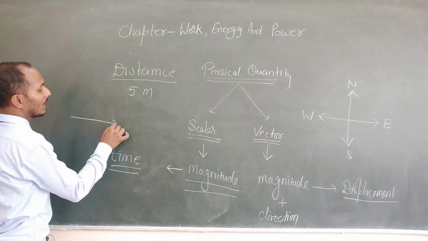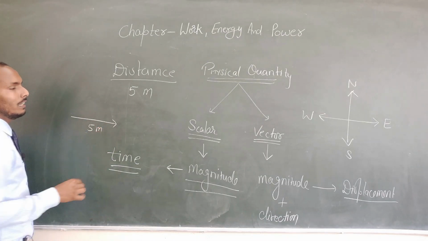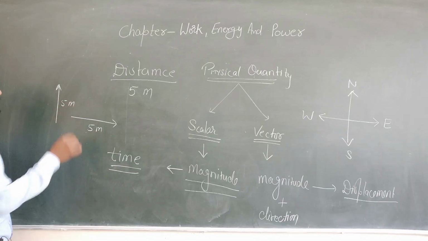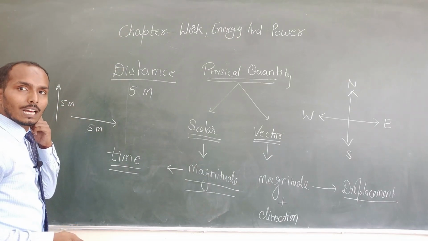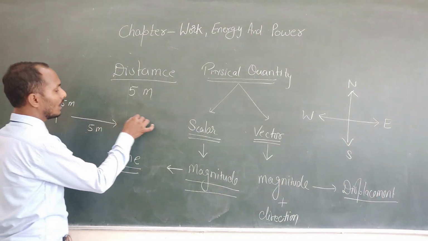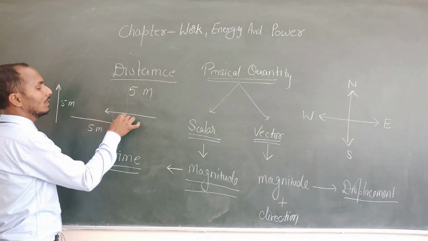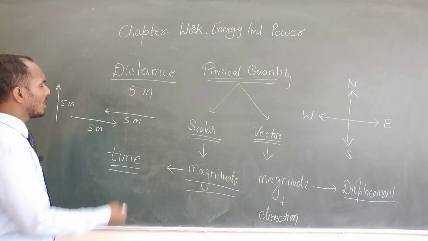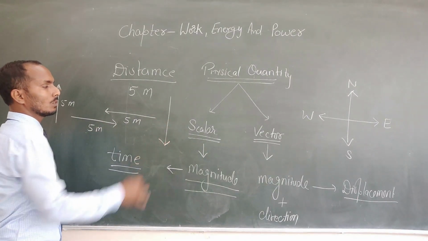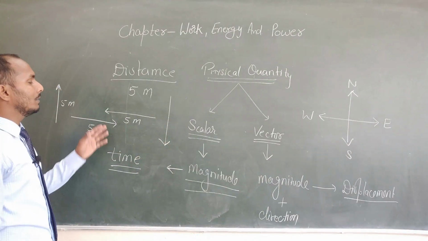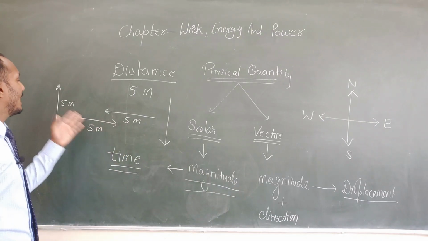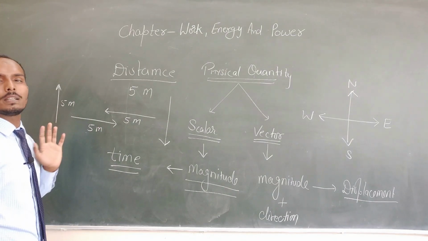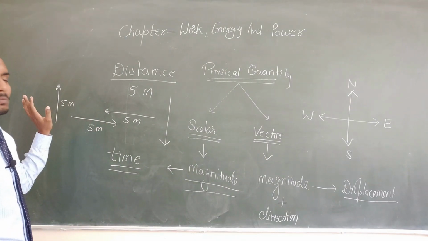It may be 5 meters in the east direction, or 5 meters in the north direction, or in the west, or in the south. Distance does not depend upon direction, so any of these is possible.